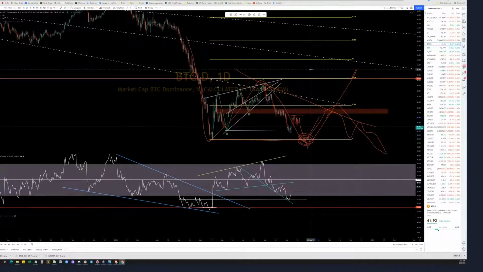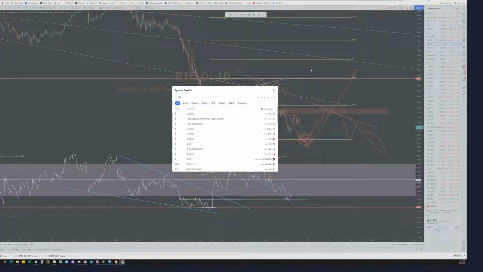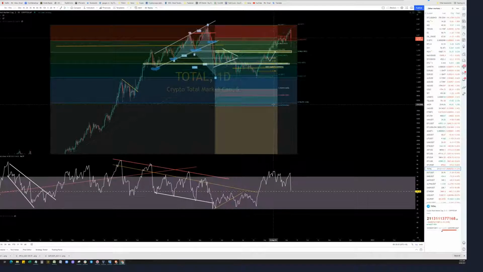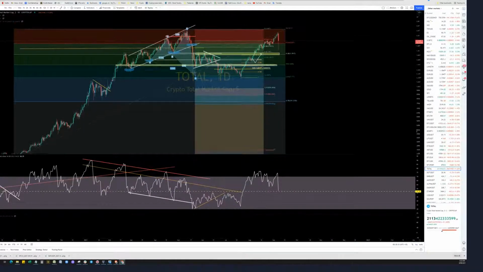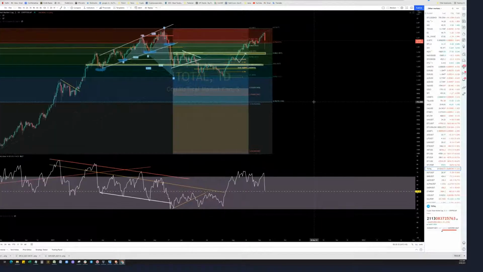And the last chart I want to look at is the total market, the crypto market. I haven't looked at this for a while. Okay, so that looks like a double top, doesn't it? I didn't think of that.